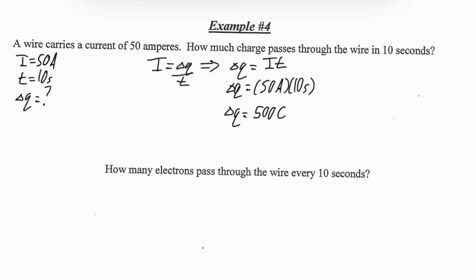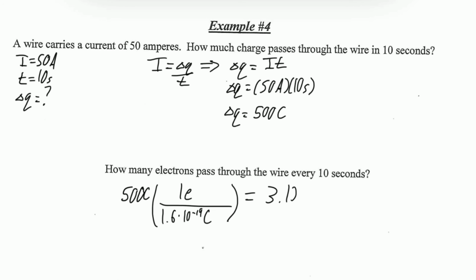We can do this by saying we have 500 coulombs, and then from there, one elementary charge is equal to 1.6 times 10 to the negative 19 coulombs. Throw that into our calculator real quick. We'll get 3.125 times 10 to the 21 elementary charges, which is going to be the same as the number of electrons.